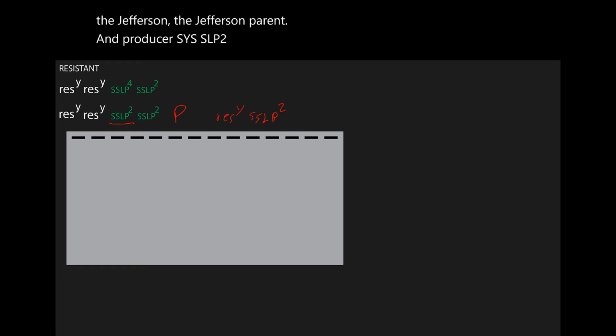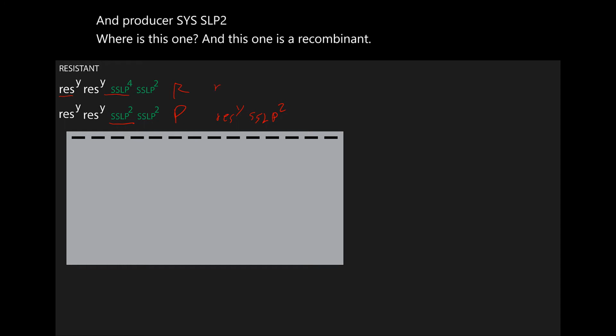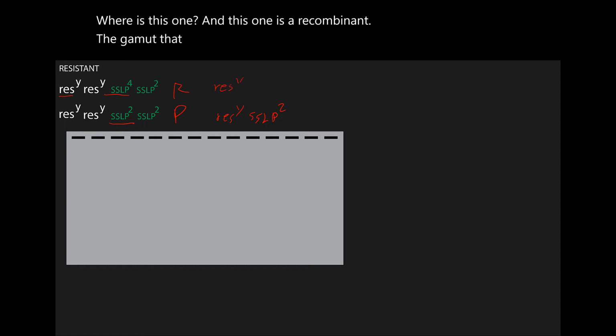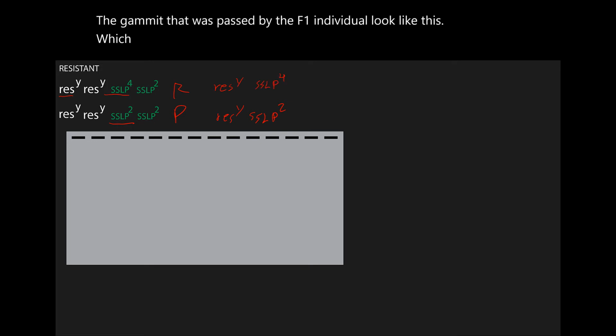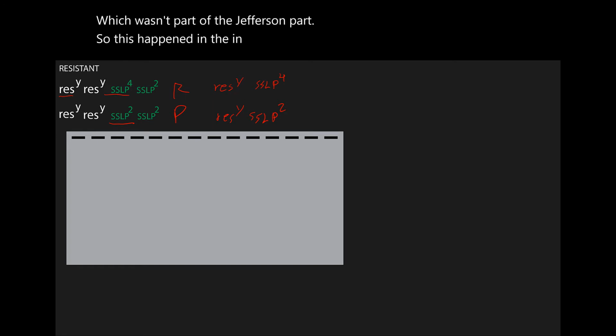Whereas this one and this one is a recombinant. The gamete that was passed by the F1 individual looked like this, which wasn't part of the Jefferson parent, right? So this happened in the meiosis during recombination in the gametes of the F1 individual.